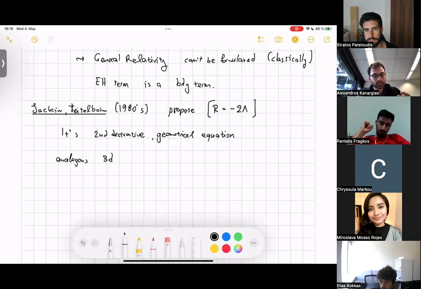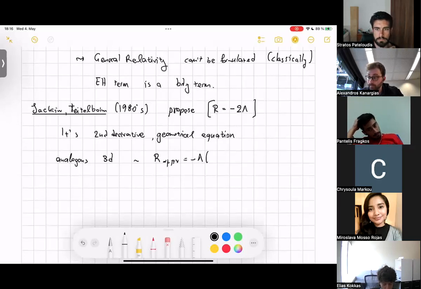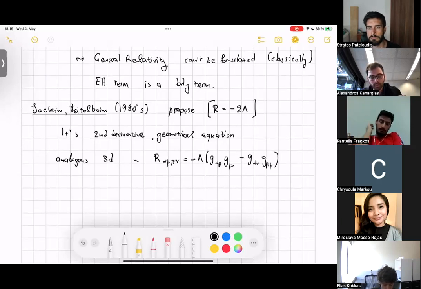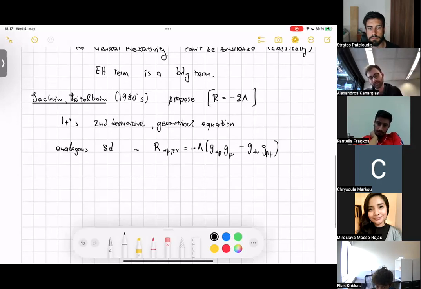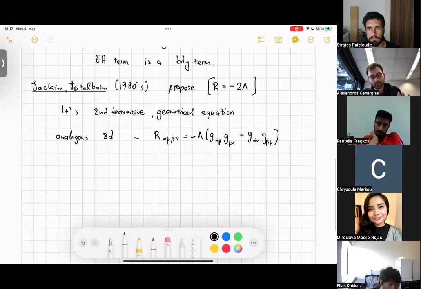If you go to three dimensions and you do Einstein-Hilbert plus a cosmological constant, you would get something like R alpha mu beta nu equals minus lambda times the metric. Analogous in the sense that, while they're not the same, on the one hand side you have something dependent on the Ricci tensor, on the right hand side the cosmological constant. So that's just as a motive.